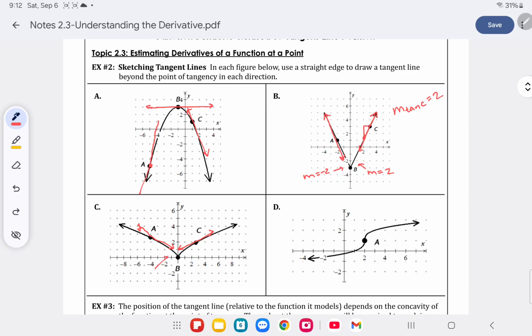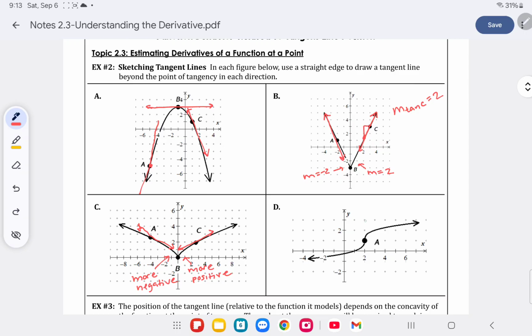On the left side, our slope is getting steeper and steeper, and same on the right side. But on the left side, it's getting steeper and more negative the closer you get to B, and on the right side, it's getting steeper and more positive as you get closer to B. So they are not approaching the same number, so we can't estimate a slope at B, which means we can't draw a tangent line at B.